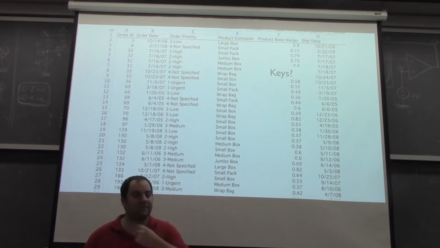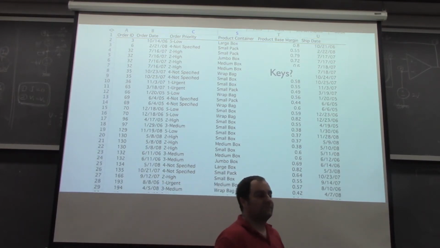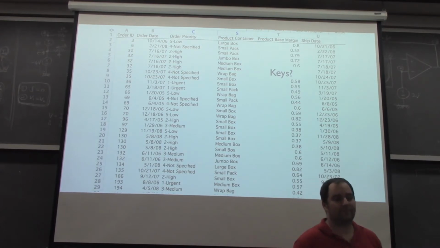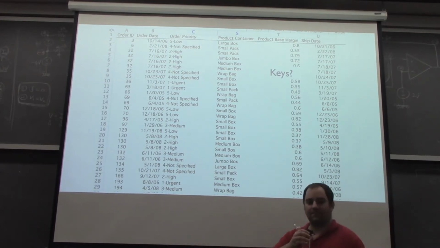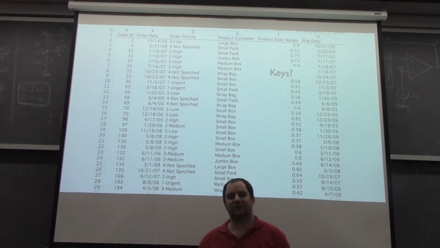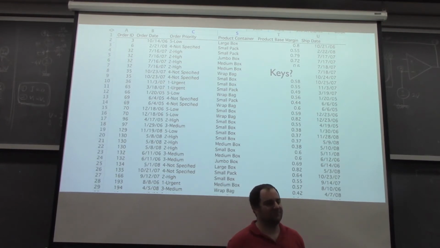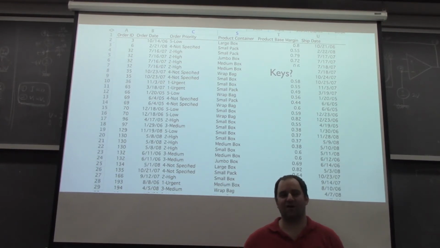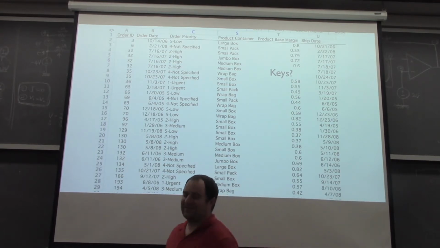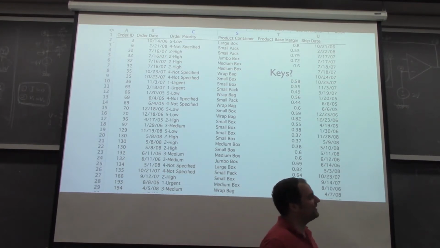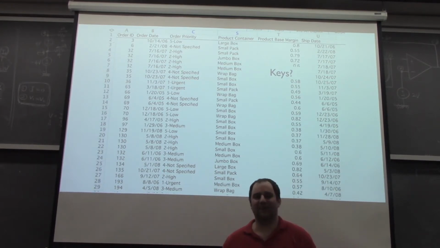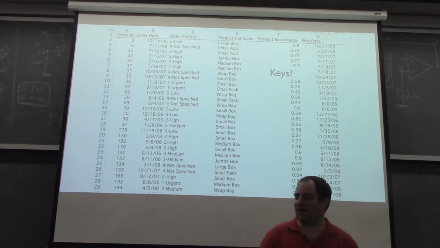Where are the keys here? Who thinks it's the order ID? You guys are wrong. The order ID is not unique. In this table, one order can contain multiple items, but this is a table of items.